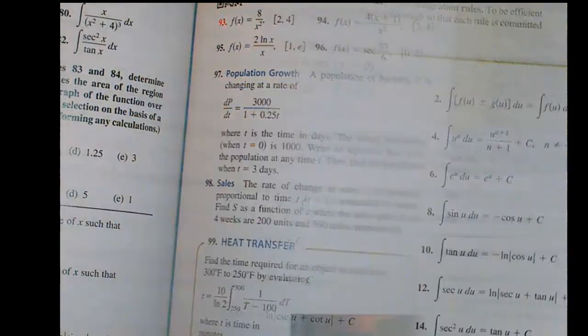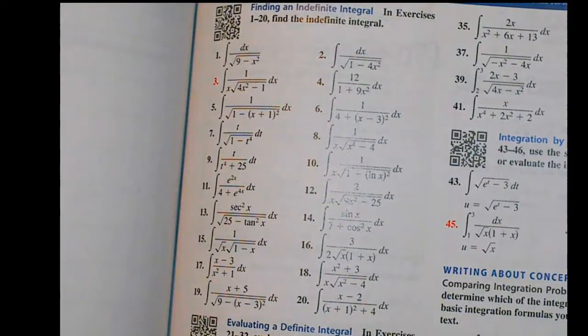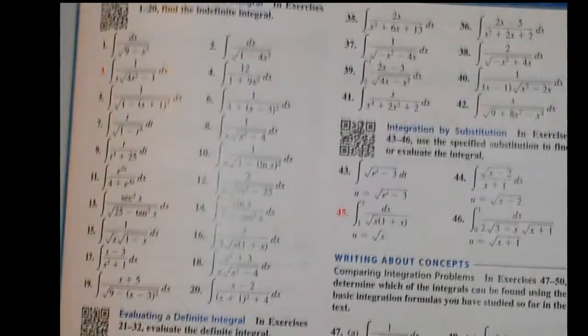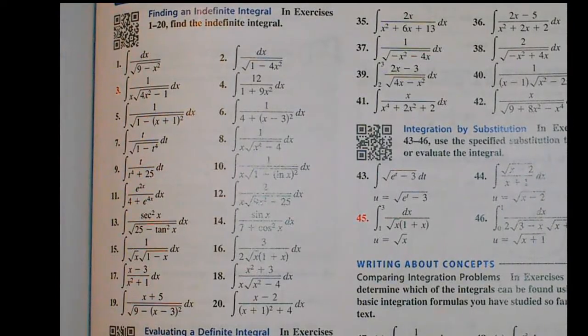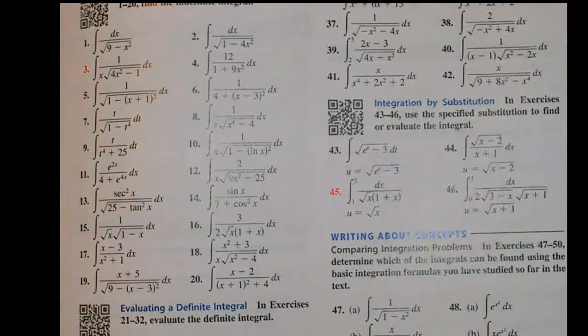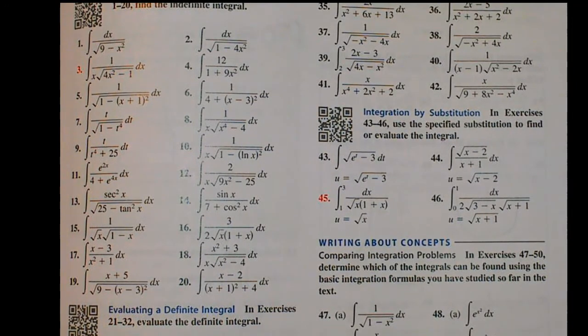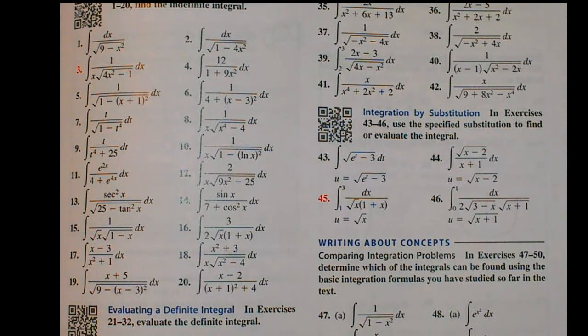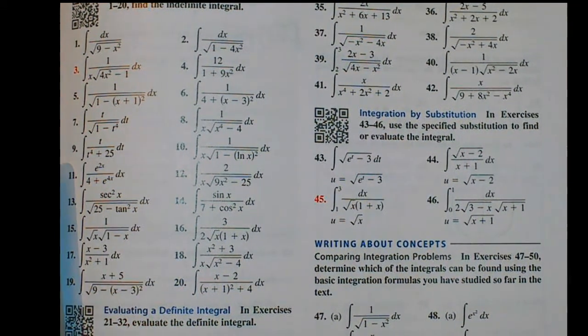4.7. This is page 359. And your problems are 6 through 11, and then 27 through 31 odd.